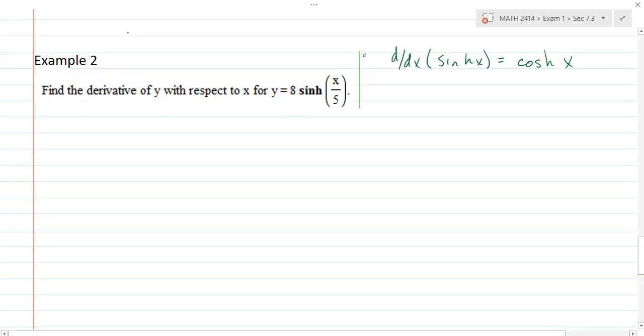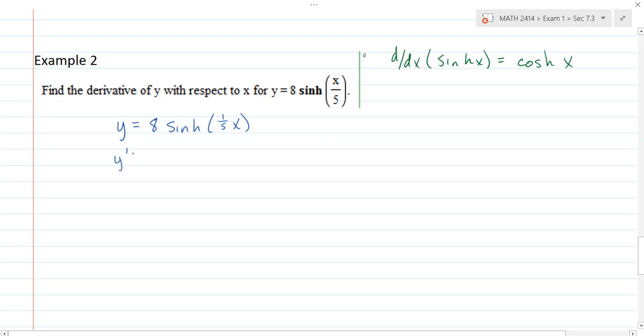Now all of the rules of calculus still apply for these hyperbolic functions. We still have the product rule, the quotient rule, the power rule, chain rule, things like that. That's what's going to come into play when we take the derivative of y equals 8 hyperbolic sine x over 5. That x over 5 I could write as 1/5 x, because that would make taking the derivative easier.